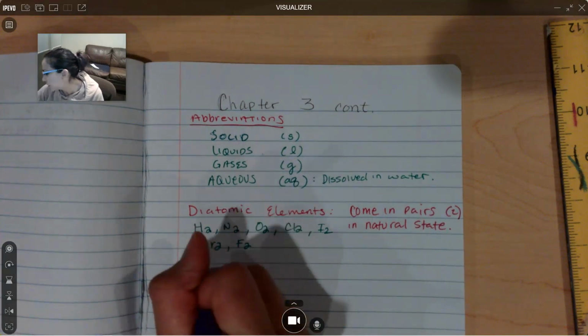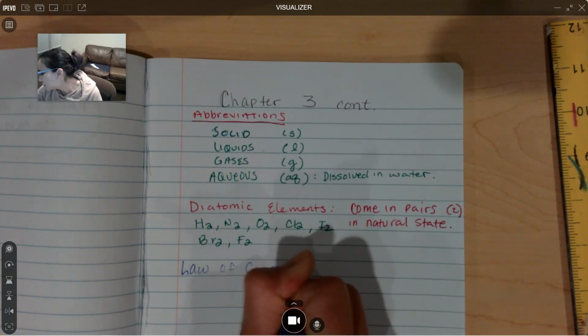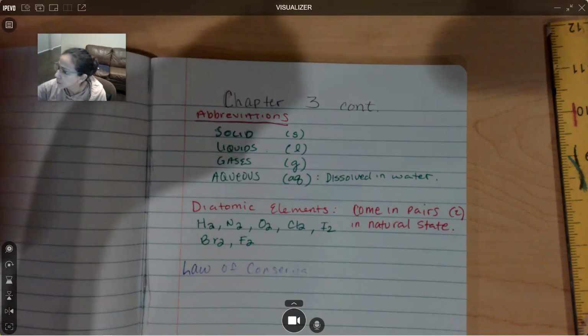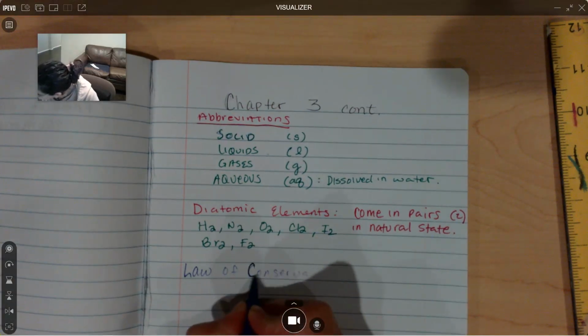All right, so we're going to talk quickly about the law of conservation of matter. Different marker, that one's running out.